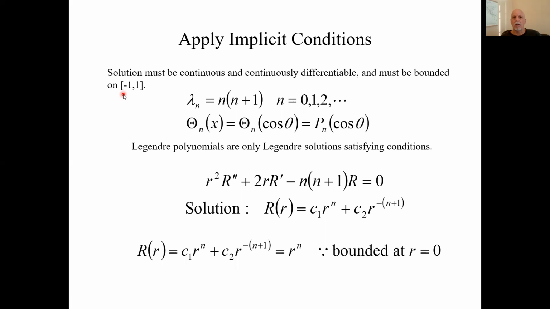And that condition only occurs with the Legendre polynomials. Remember, there are two particular solutions to the Legendre equation. One is the polynomial. The other was that infinite sum, but it's not bounded at these endpoints of the interval of convergence. That leaves us with the eigenvalues and the associated eigenfunctions, all in terms of the theta equation.